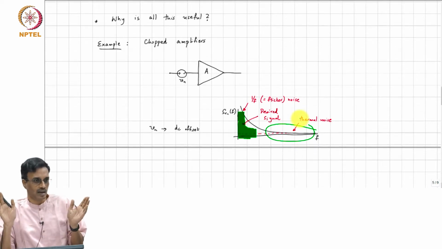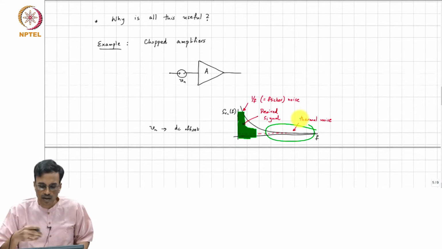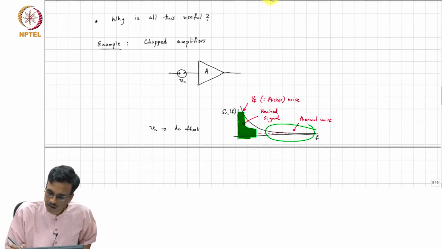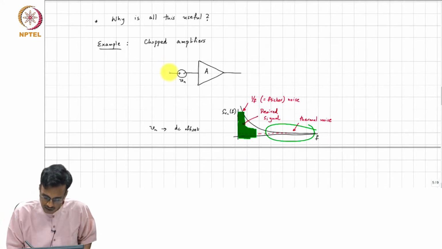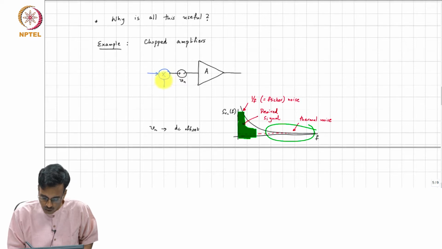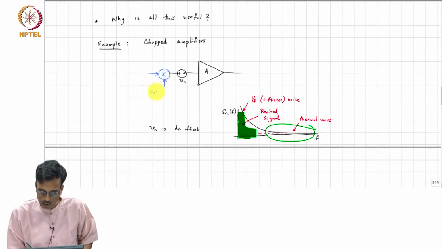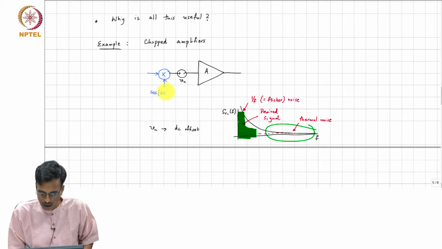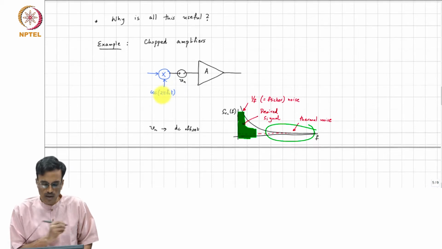So, that is the basic idea, and modulation, as you all know, is simply multiplying with a sine wave. So, for example, I am going to assume that this is cos 2 pi f c t.